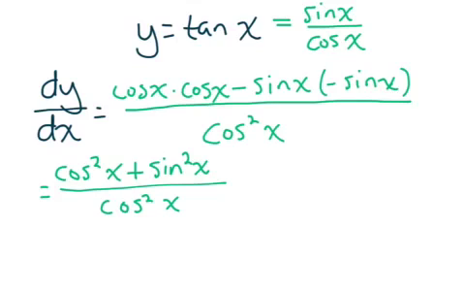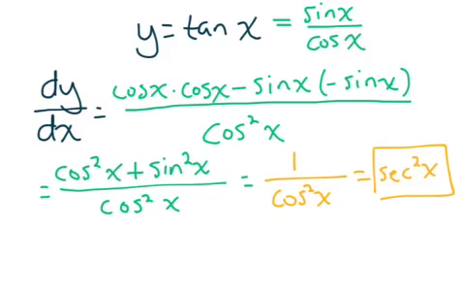One way of simplifying from here on out would be to say, well, cosine squared plus sine squared is 1. So that's one of our trig identities that we know. And so we have 1 over cosine squared x, which is, if you recall, the reciprocal of cosine is secant. So this is secant squared x. So one answer for us would be that the derivative of tangent is secant squared.